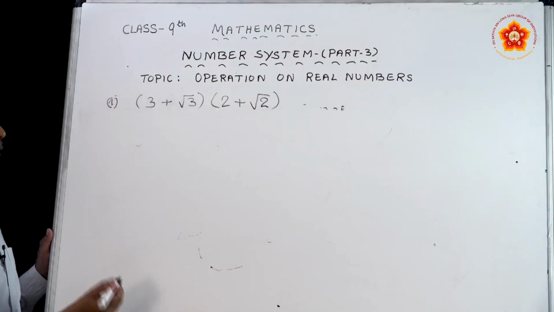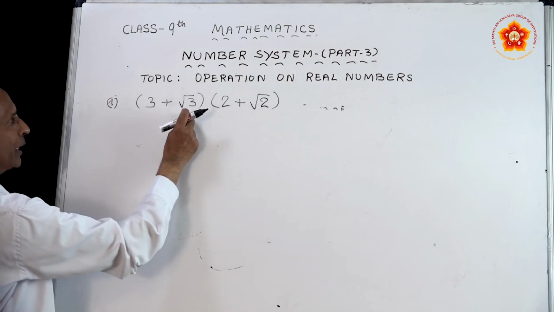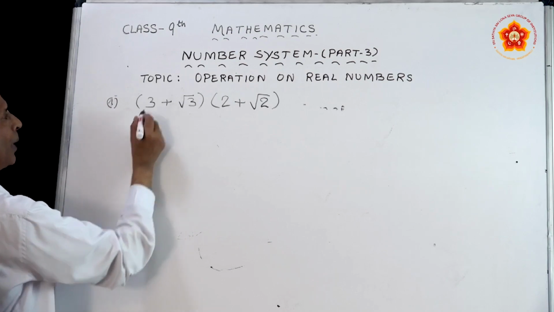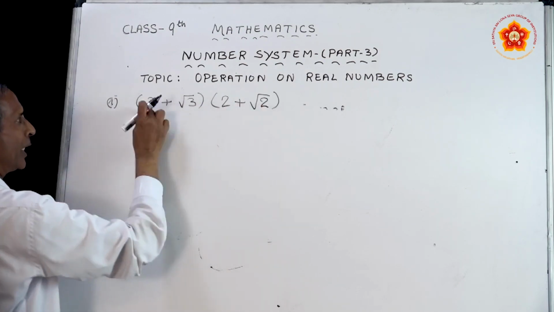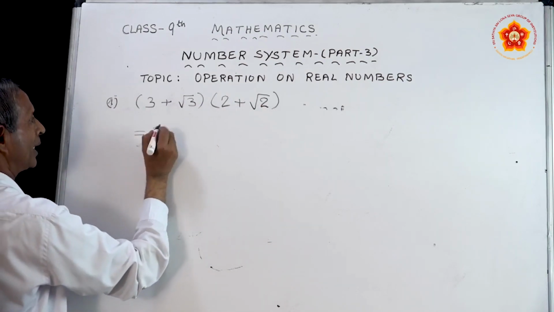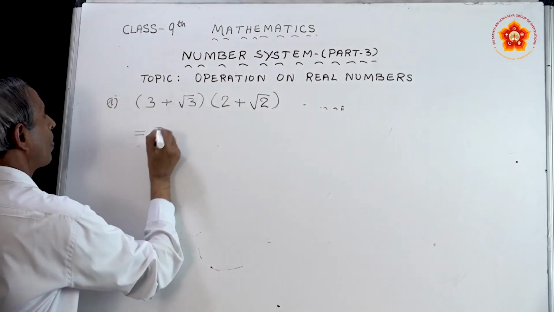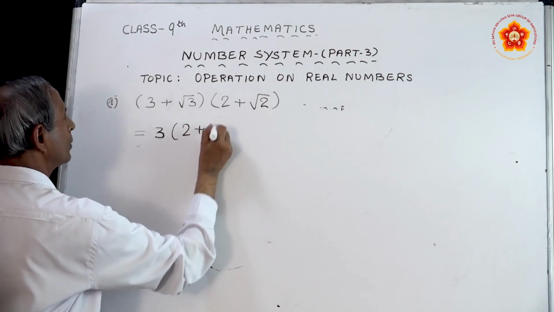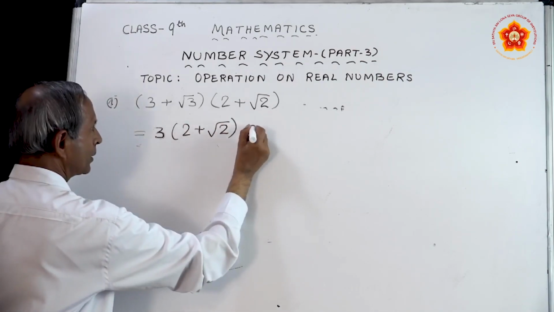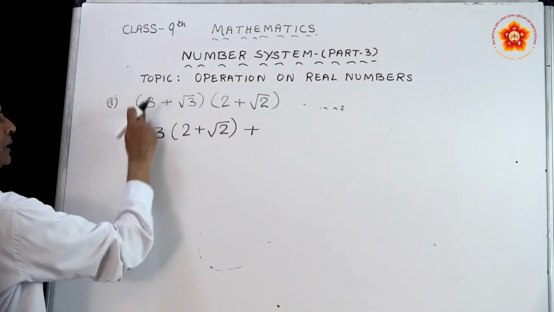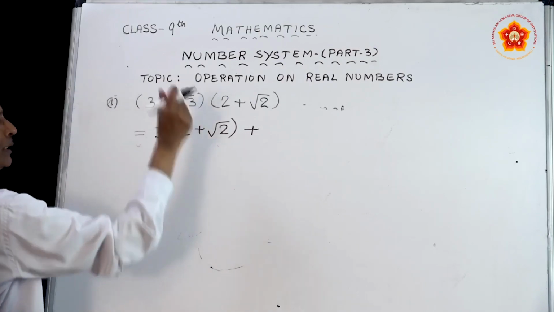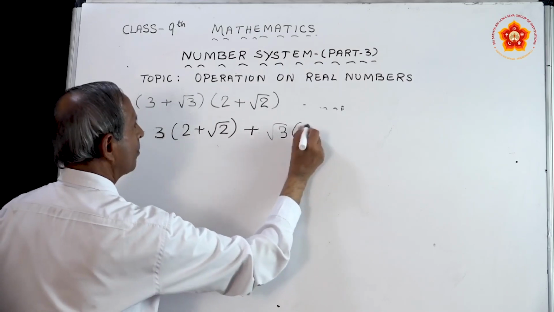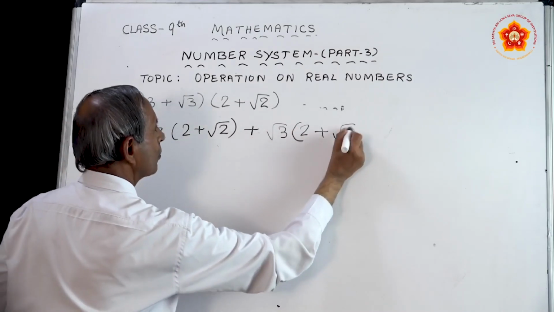To multiply 3 plus root 3 and 2 plus root 2, you have to multiply the second expression by 3 first. Now I will write it as 3 multiplied by (2 plus root 2) plus root 3 multiplied by (2 plus root 2).